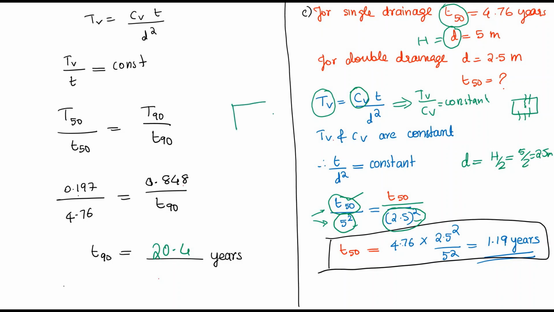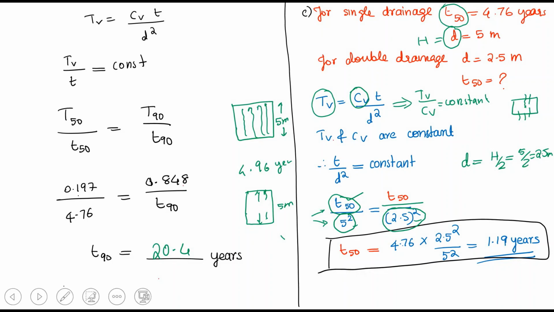So a clay layer 5 meter thick will take 4.76 years to reach 50% consolidation if the drainage is only single drainage. And the same clay layer with the same thickness, if the drainage is double drainage, will take only 1.19 years. So that is the question.